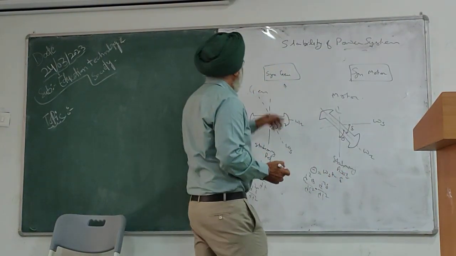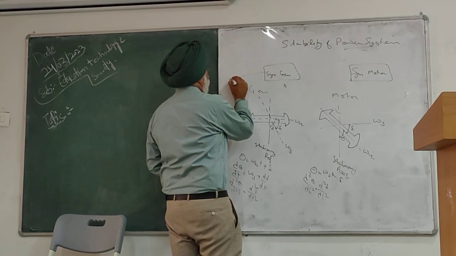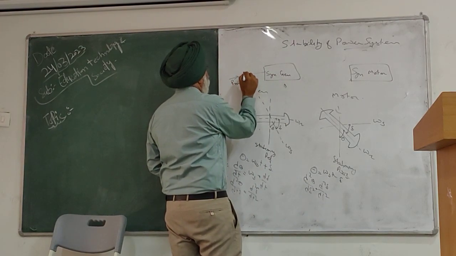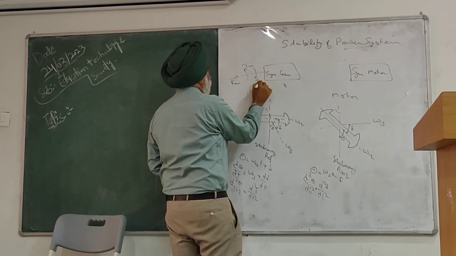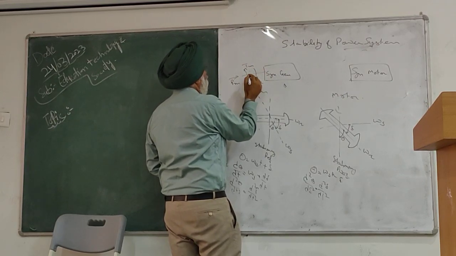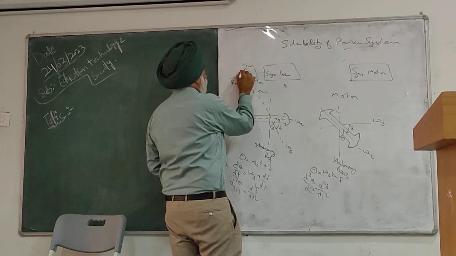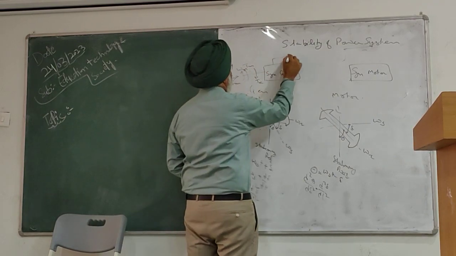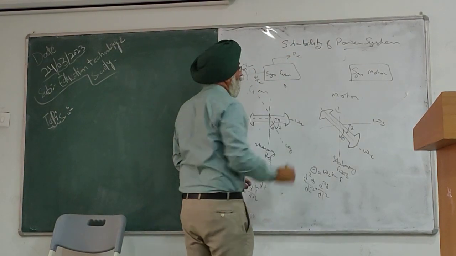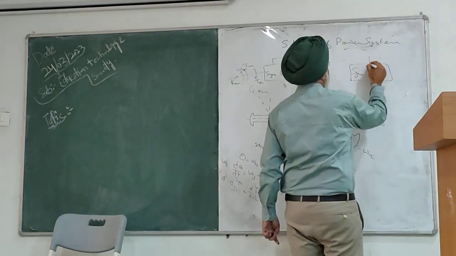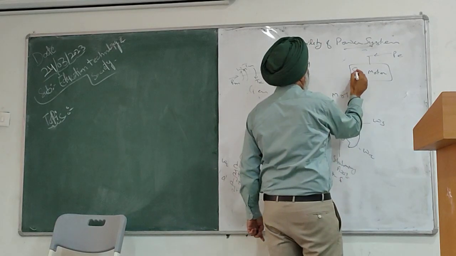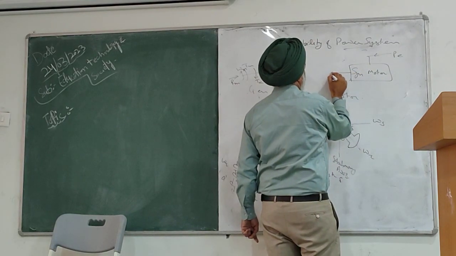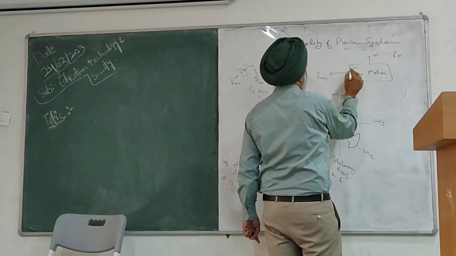In case of the generator, we give the mechanical input, we get the mechanical torque which leads to electrical torque, with angular velocity omega r. And in case of the motor, we supply the electrical power, and from this we get the mechanical power.